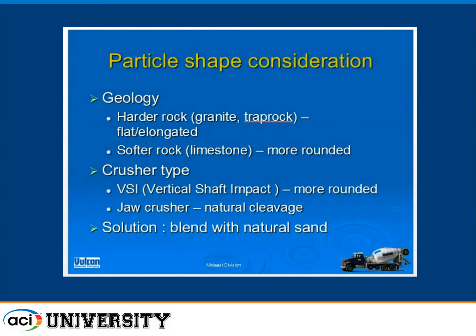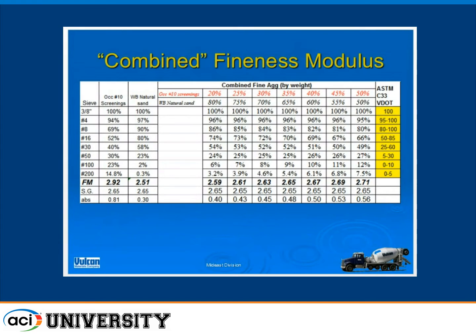As I said earlier, if we can marry up this material with natural sand, we get some really good material. That's the solution: blend it with natural sand, taking advantage of some of the better properties from number 10 screenings. In our document, you'll find this concept of combined fineness modulus, and you see this table in the document.